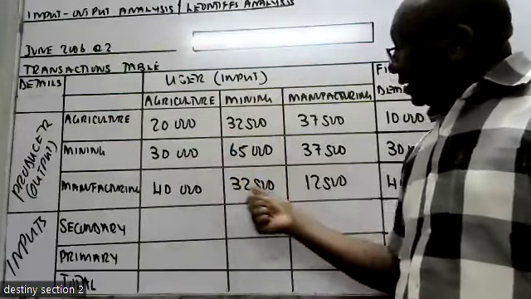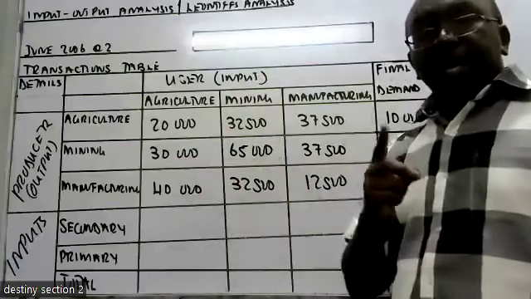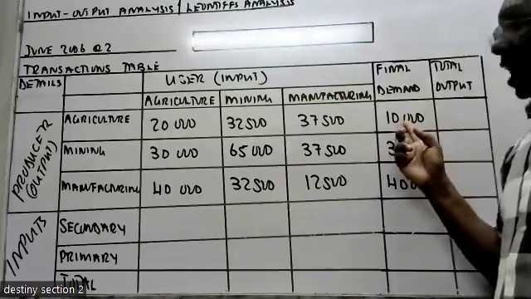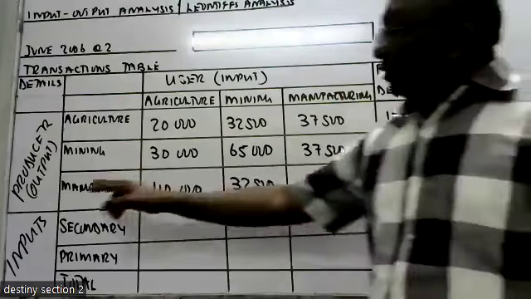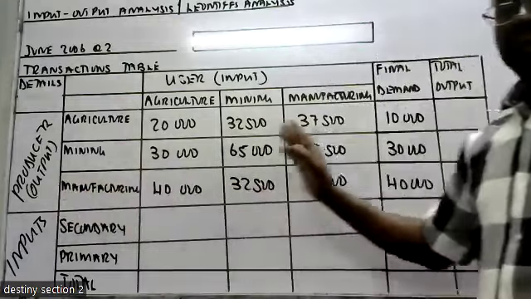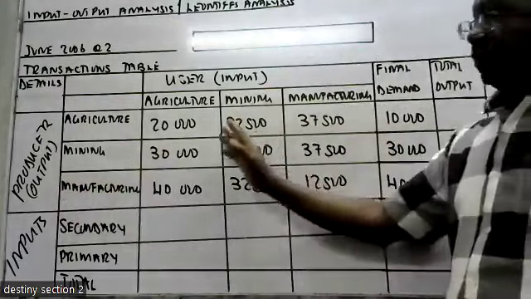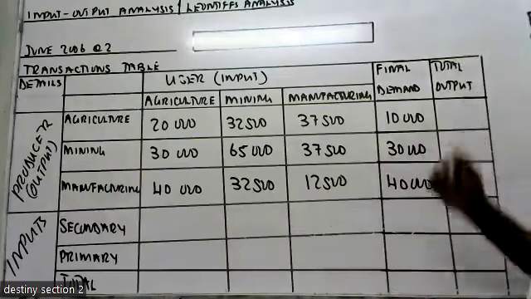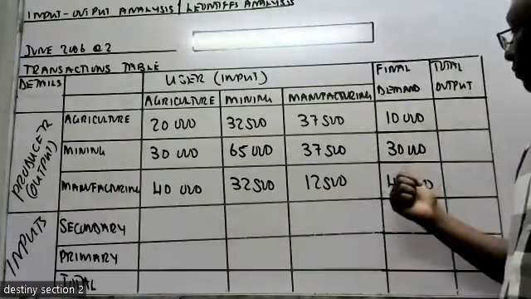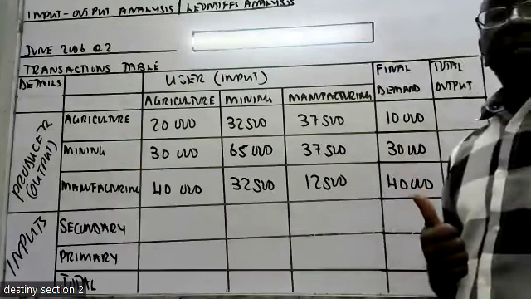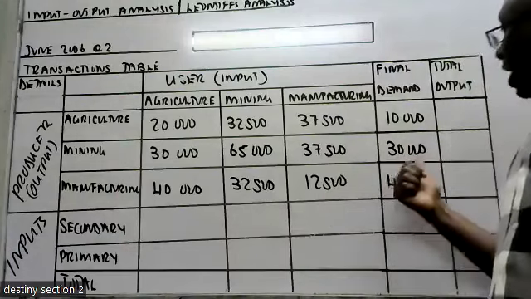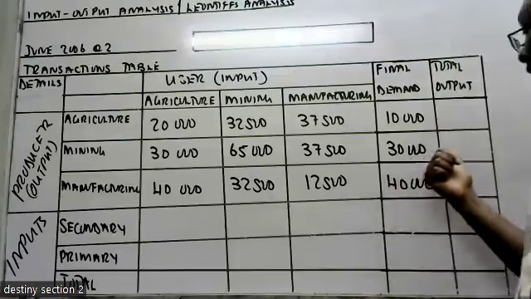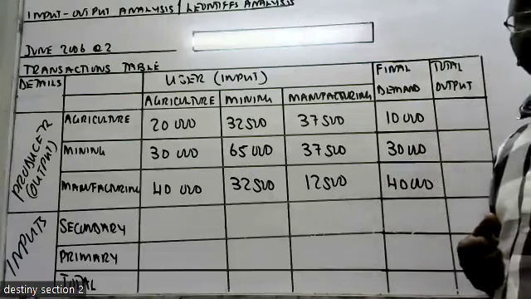This matrix is represented by A. Then this one is called final demand. It is the part of the output of these sectors used by other users who are not part of the production cycle. And then here we have the total output. The final demand is represented by matrix Y, and the total output is represented by matrix X.